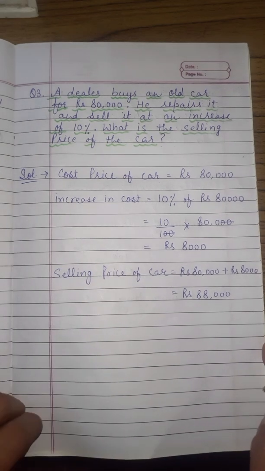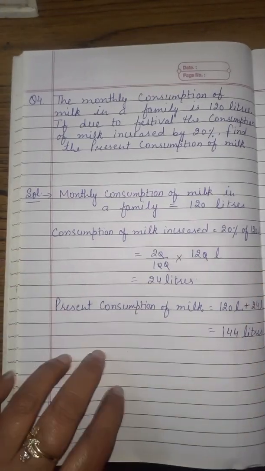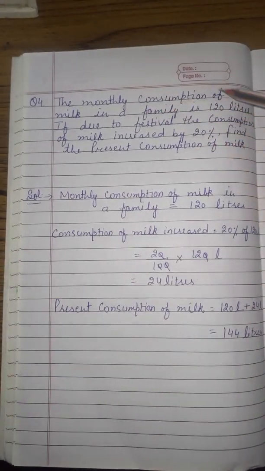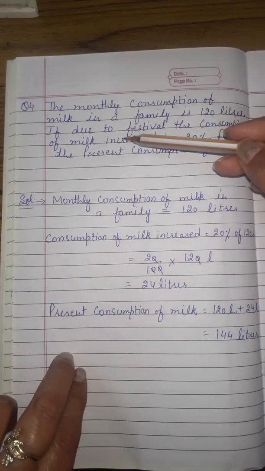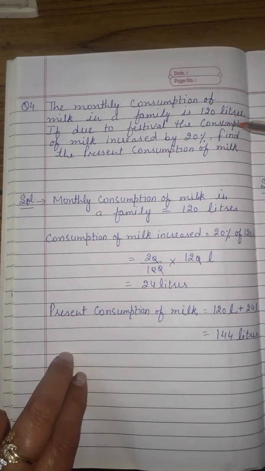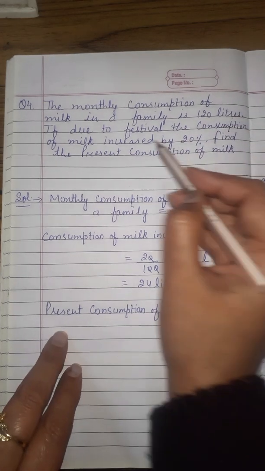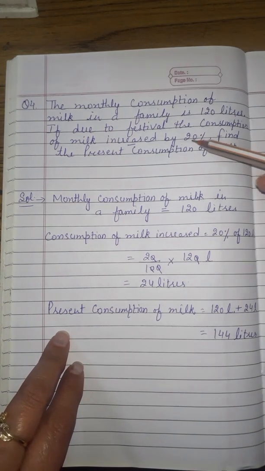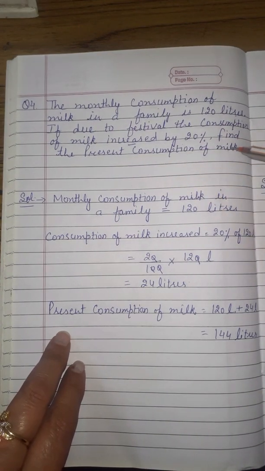Now the next question is: the monthly consumption of milk in a family is 120 liters. If due to the festival the consumption of milk increased by 20%, find the present consumption of milk.